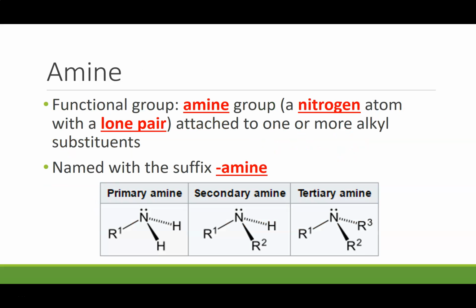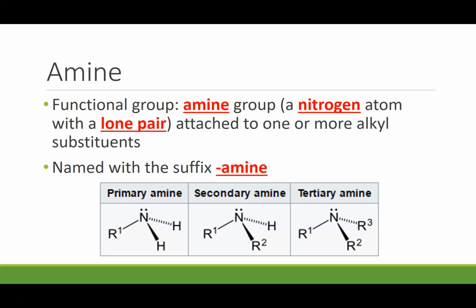The next functional group is the amine group. The amine group is simply a nitrogen atom that is attached to one or more alkyl substituents, meaning hydrocarbon chains. Remember that a nitrogen atom has 5 valence electrons, which means it can form 3 bonds. So the amine group can have 1 to 3 alkyl substituents attached to it.